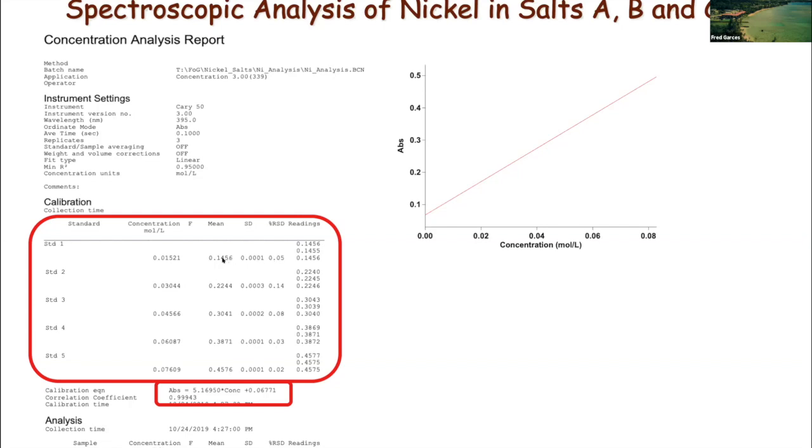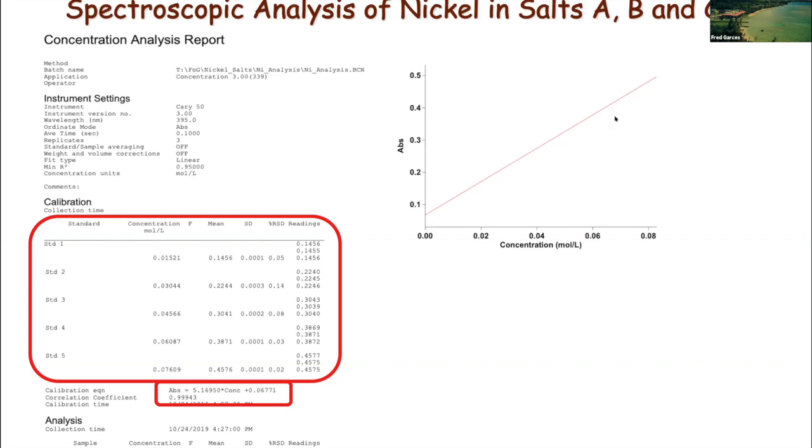The main thing that you guys want are the absorbances. That's 0.1456, 0.2244, 0.3041, 0.3871, 0.4576. So if you make this your x-axis, that's your concentration, and you make this your y-axis, that would be your absorbance. Then you can plot these points and get a calibration curve.